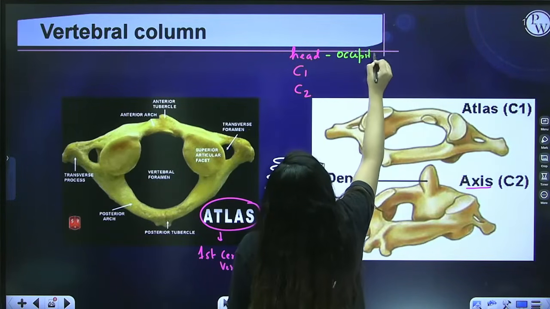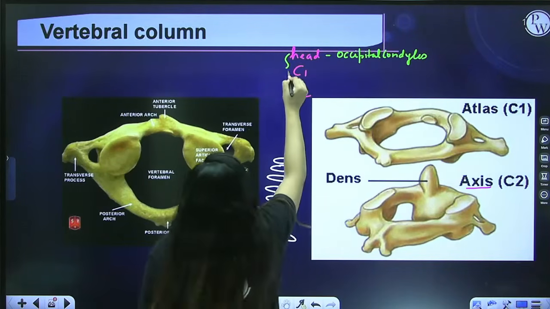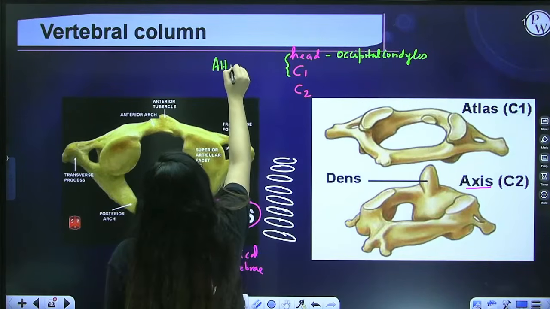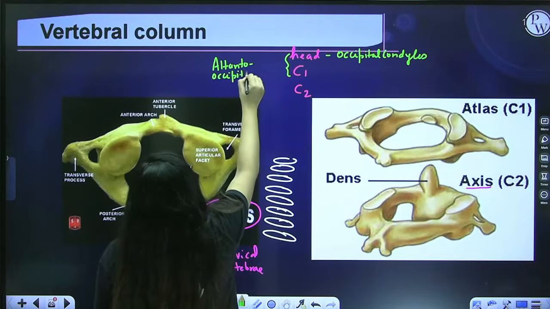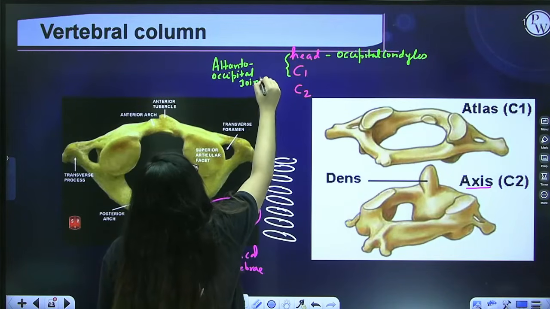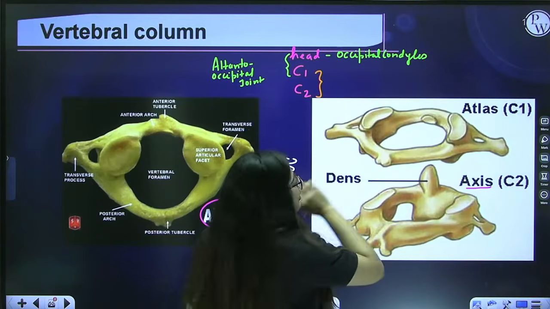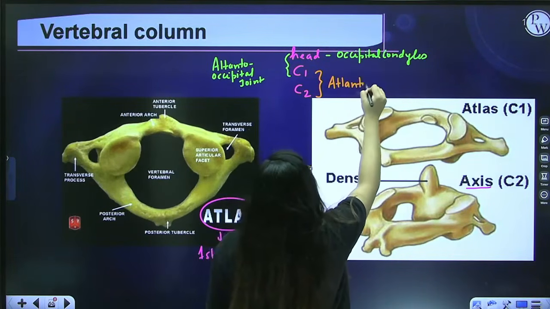These occipital condyles form a joint with the atlas, and you call this joint the atlanto-occipital joint. Now, the second joint is formed between C1 and C2, that is atlas and axis. You call it the atlantoaxial joint.